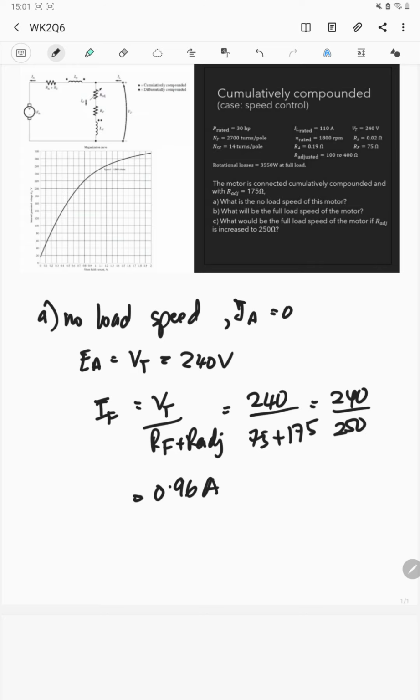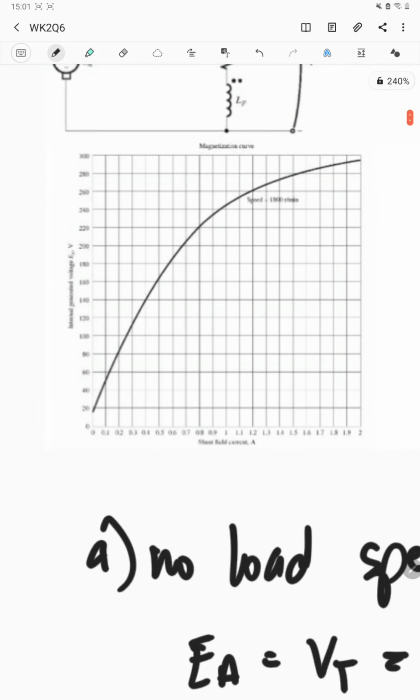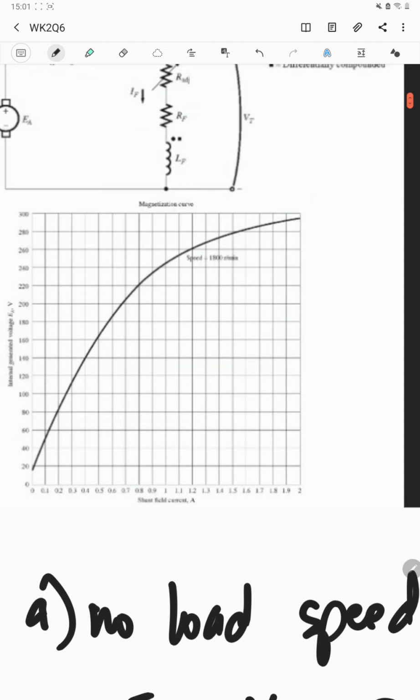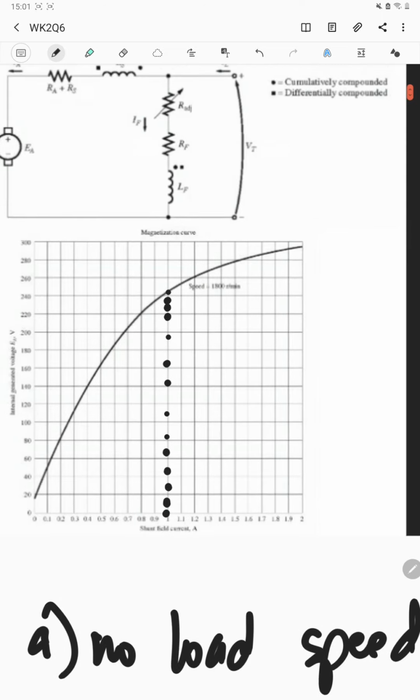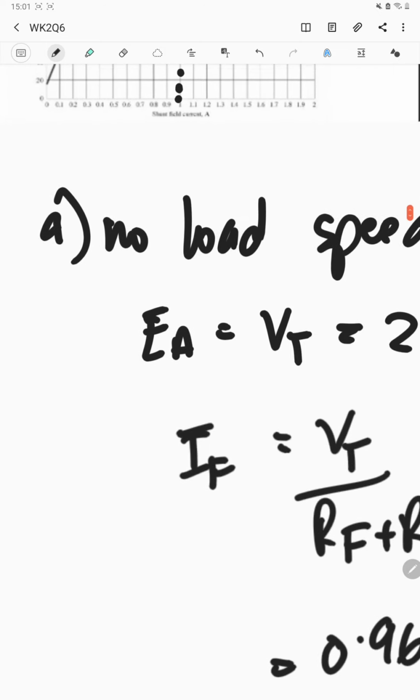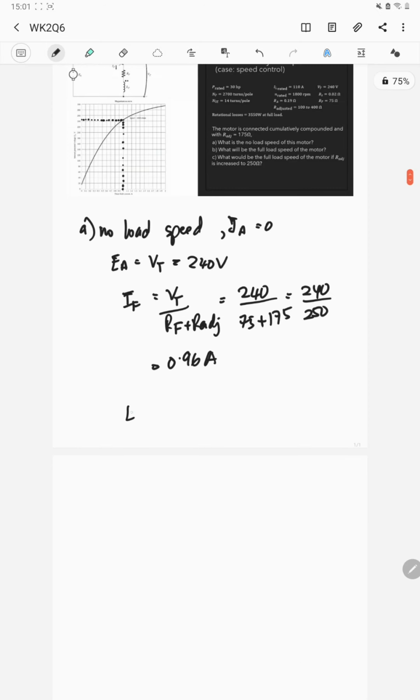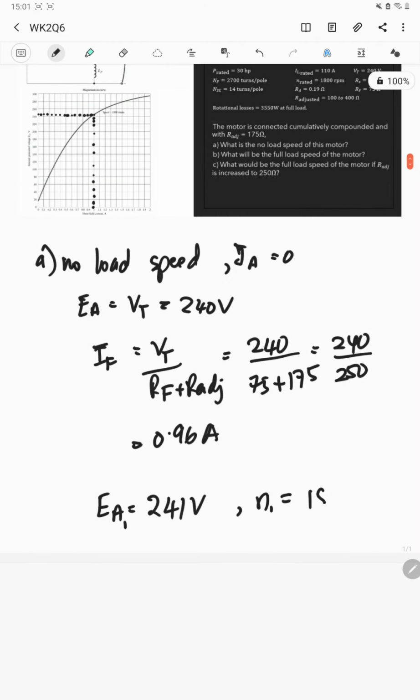From this figure, close to 1 ampere, we can see that this field current will produce an internal generated voltage of about 240 plus. Let's approximate this to 241. So you will get EA equals 241 volts if the motor is running at 1800 RPM.